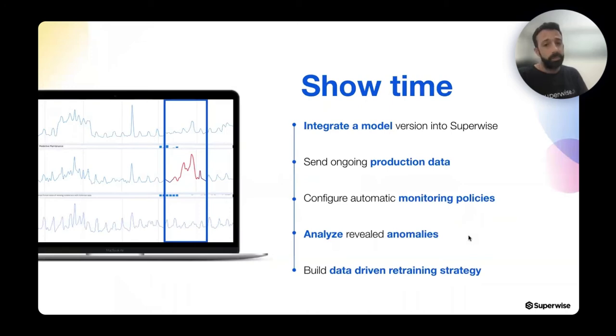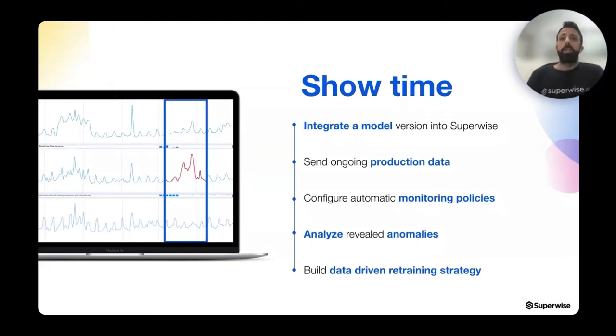But I think it's time to show how we can take a model from production, integrate it to Superwise, and get value within 10 minutes. You can start the clock right now. We will show how we integrate a model from production to Superwise and start logging production data.